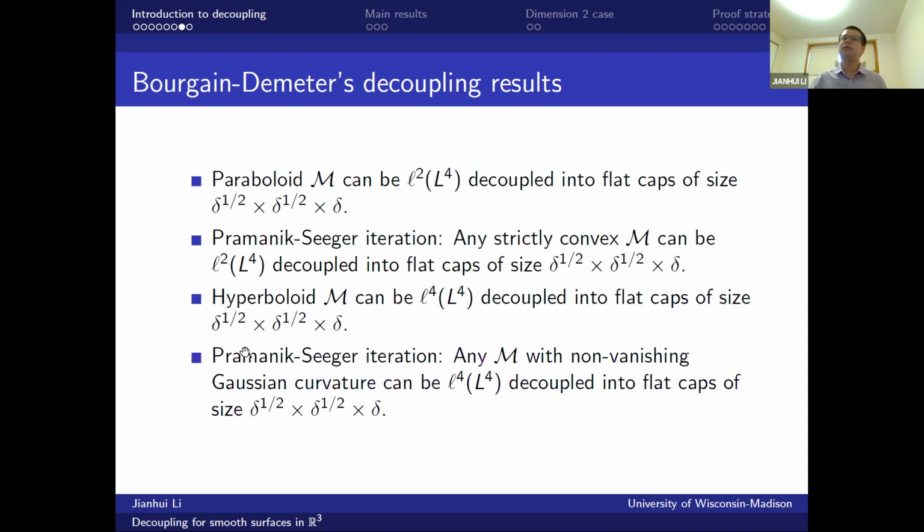Okay, and in particular, using parametric Seeger, any manifold with non-vanishing Gaussian curvature can be decoupled. Okay, at least little L4, but for the convex case, it is little L2. Strictly convex case. Okay, these are the results we had, the major results. There are some notable other results, but we are not discussing them here.